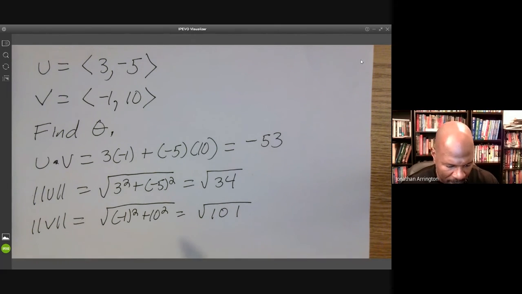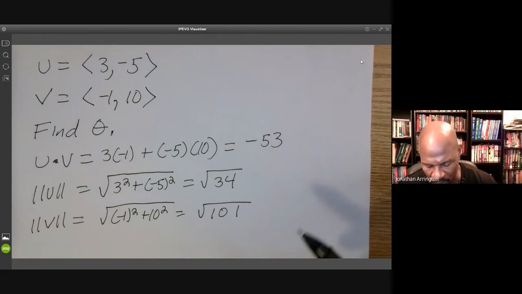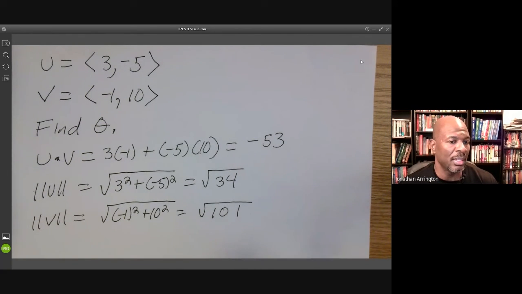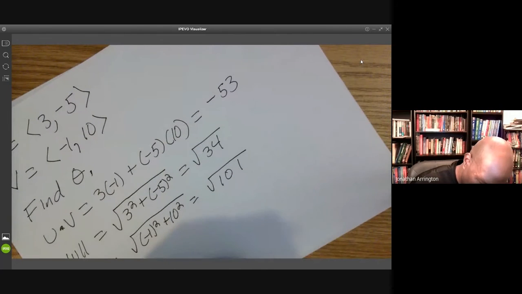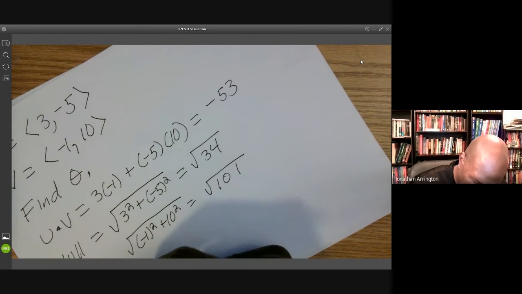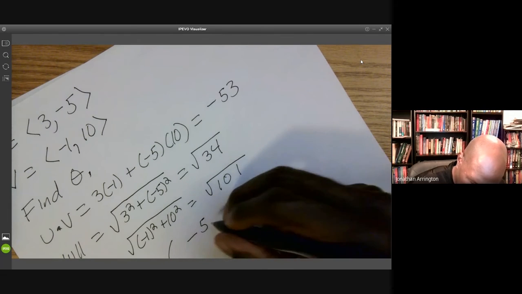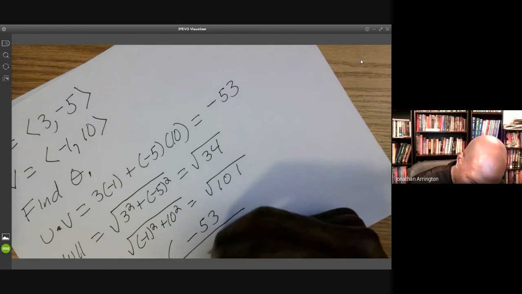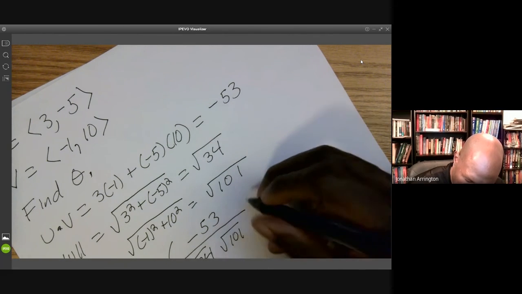I'm going to be taking the arc cosine of negative 53 over the square root of 34 times the square root of 101. That's definitely something I'm going to do in a calculator. But let me write out what I'm going to do first. So theta is going to be the arc cosine of negative 53 over the square root of 34 times the square root of 101.